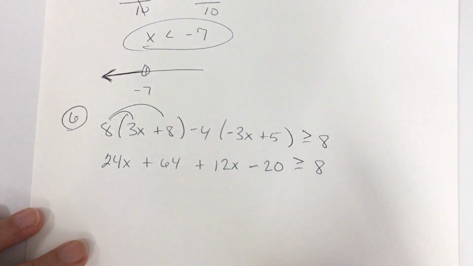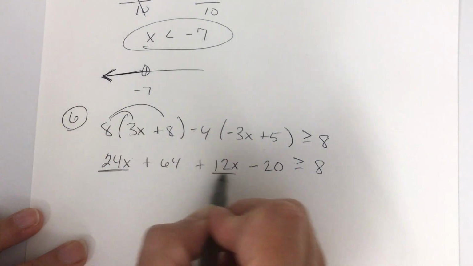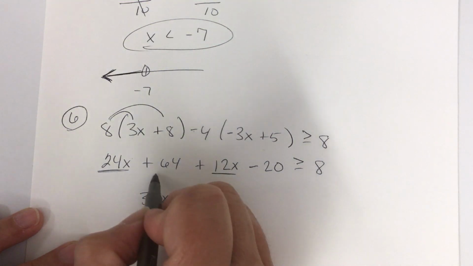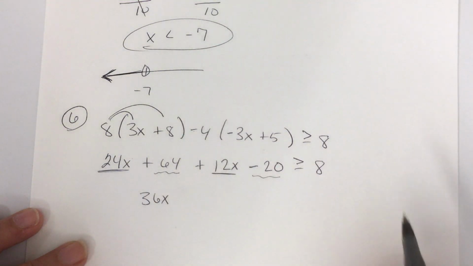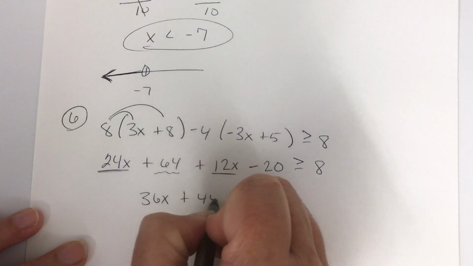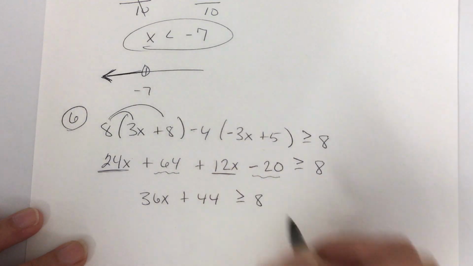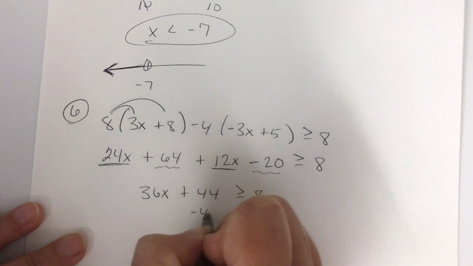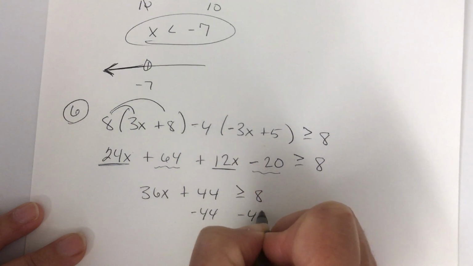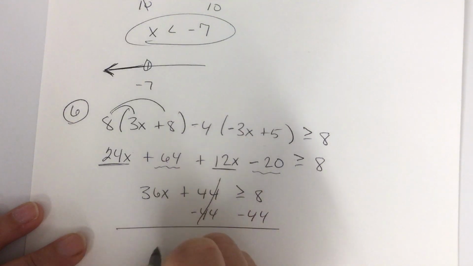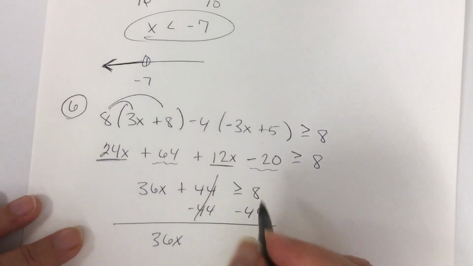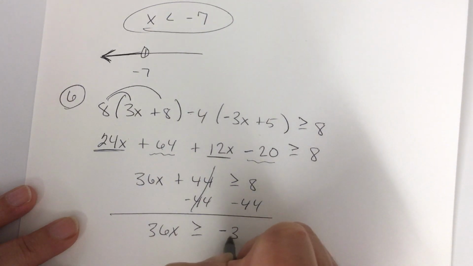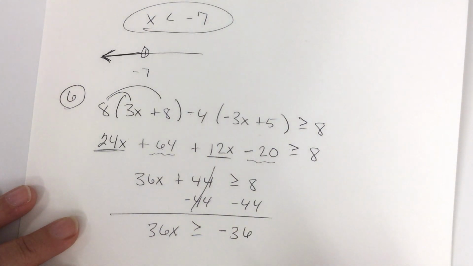Now combine like terms. Put your 24x and your 12x together. That's 36x. And then put your 64 and your negative 20 together. That's plus 44. Now get rid of your 44, move it away from your letter. So subtract 44 from both sides. Bring down 36x. Bring down the sign. And 8 minus 44 is negative 36.